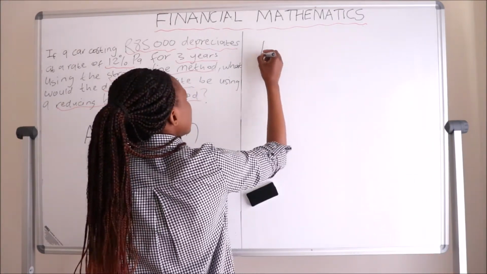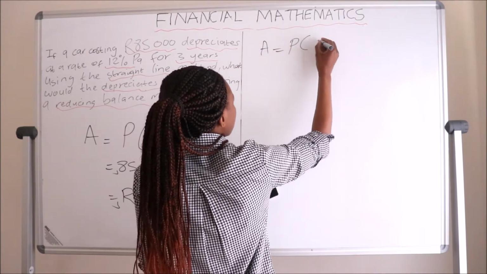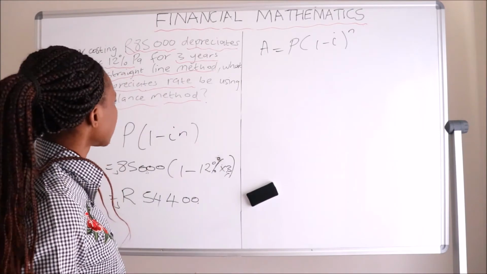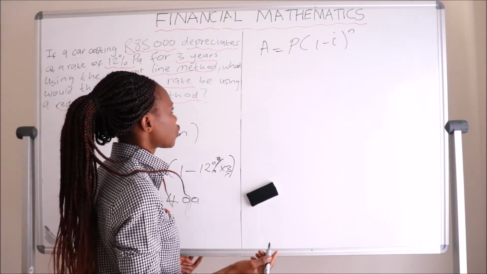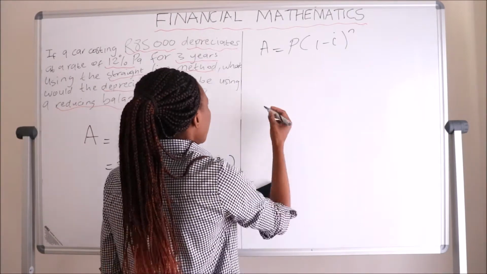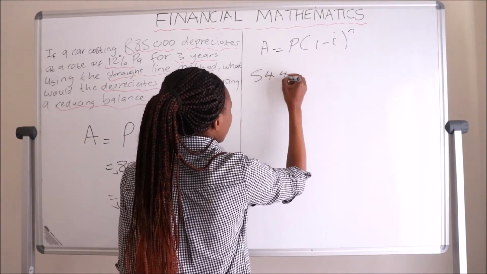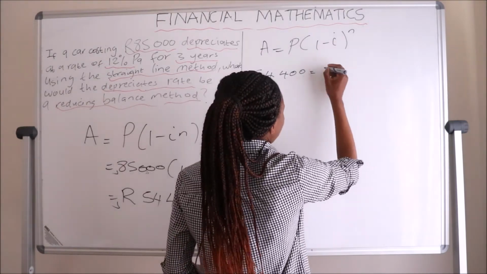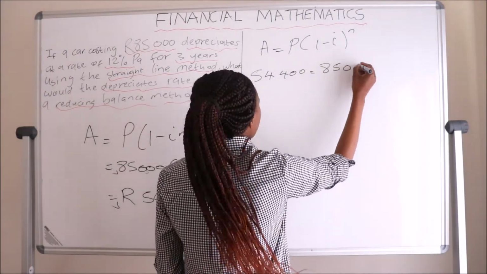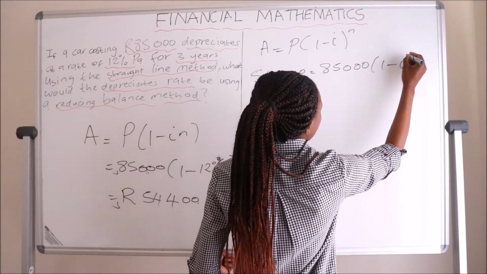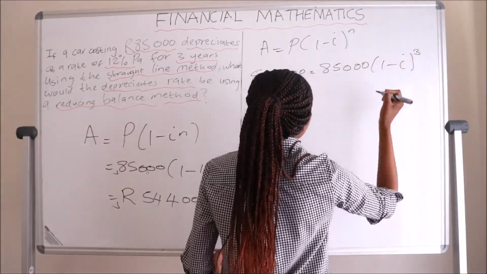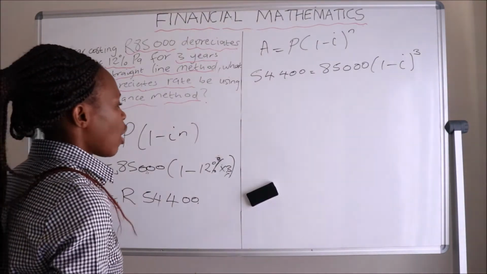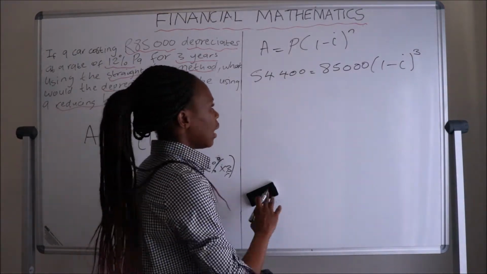So what we are looking for here is actually the interest rate. We know that we have to use the compound decay because the car is depreciating. Then here we have 54,400. This is how much the car would be worth after a period of 3 years. So the car was originally 85,000 times 1 minus i to the exponent of 3. We don't have to divide by any other number because it's compounded once a year, which is annually.